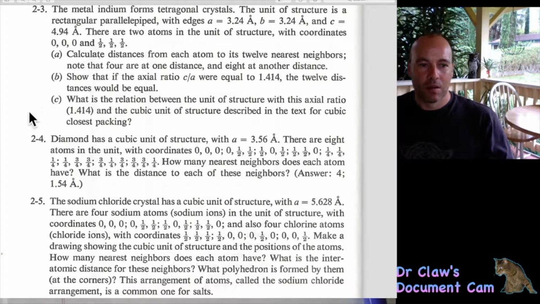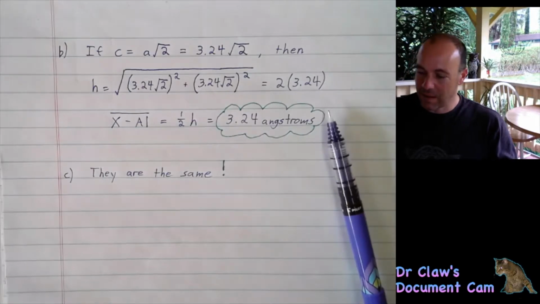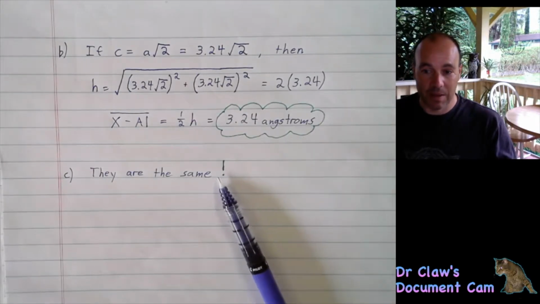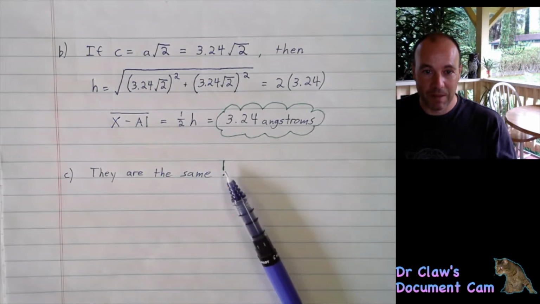Okay, so part C is asking what's the relation between B's lattice and the face-centered cubic lattice. That's the cubic closest packing, face-centered cubic. Okay, what's the relation? And well, the answer is that they are the same. They're one and the same.